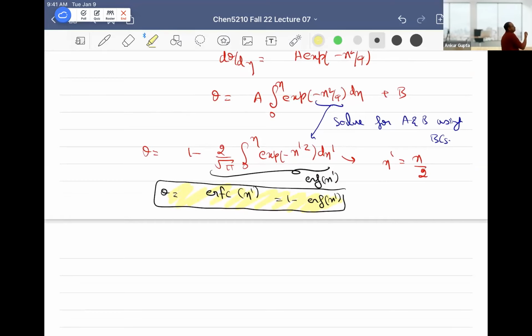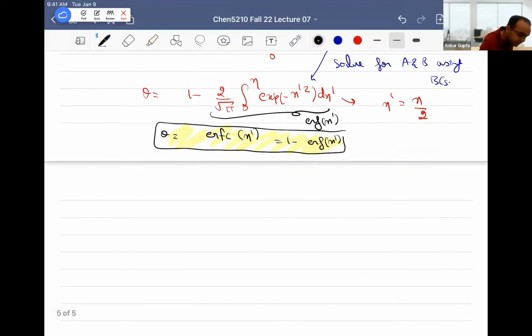So you have solved essentially. You're now able to get theta in terms of eta. Now basically theta is CA by CA naught. What I want to emphasize is eta prime is eta by 2, so this is x by 2 square root of DAt.